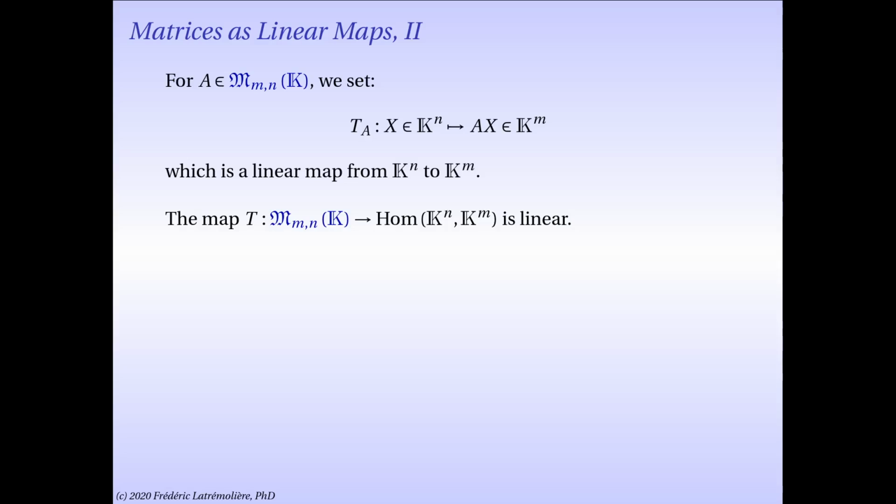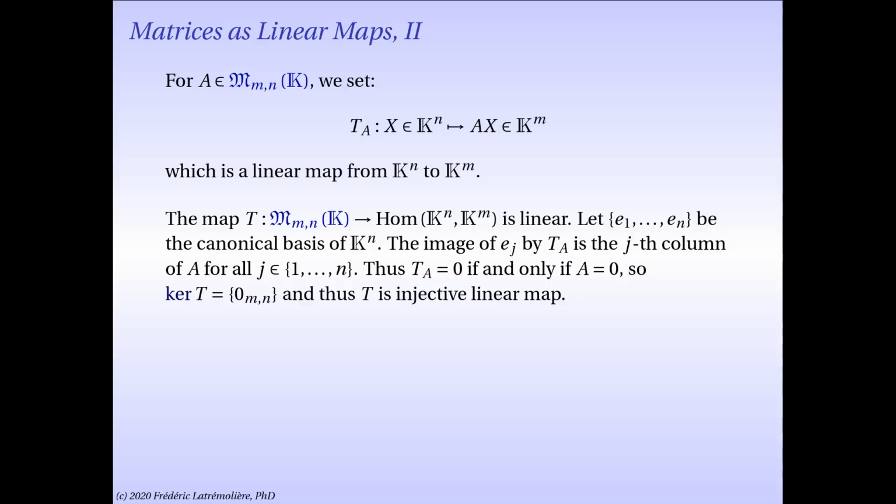We saw in the previous lecture that T is in fact a linear isomorphism. Let us present a proof once more. Let E1, etc. En be the canonical basis of k to the n. The image of E sub j by T sub A is the jth column of A for all integer j between 1 and n.